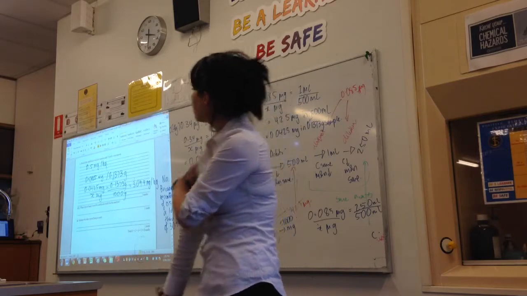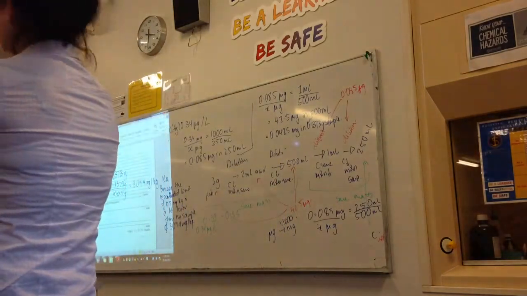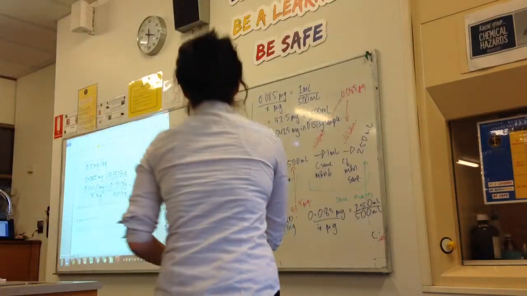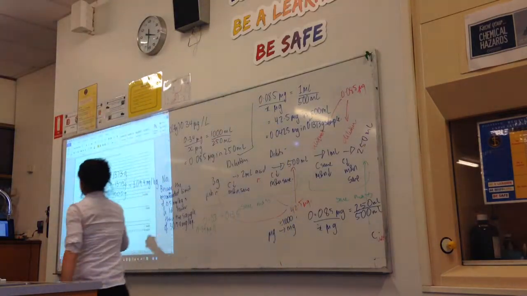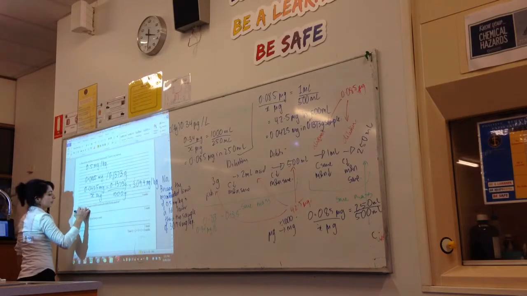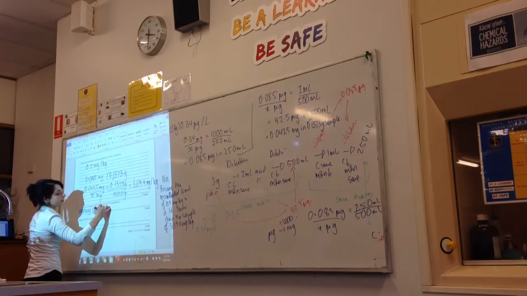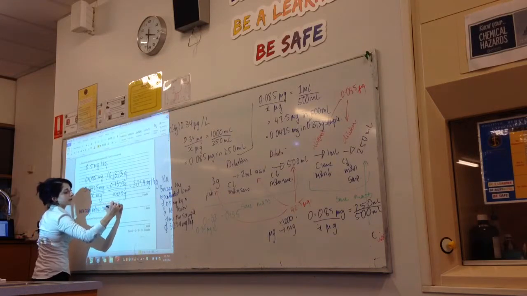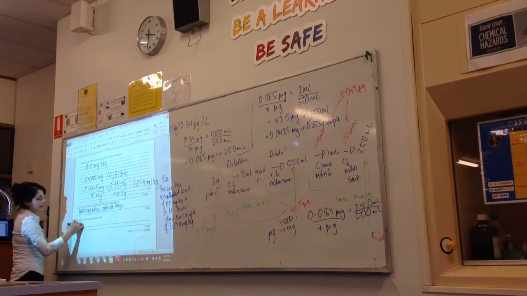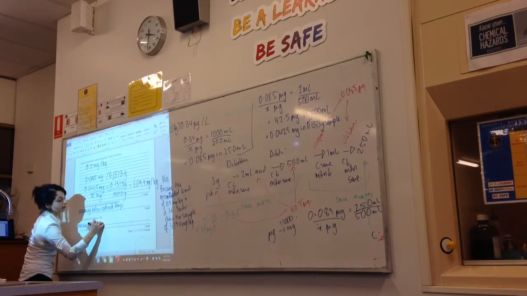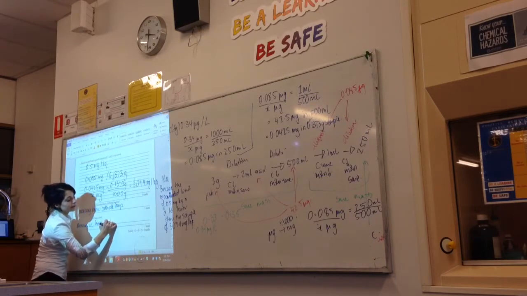Then, what type of lamp would be used? A mercury hollow cathode lamp. Why is a mercury hollow cathode lamp used? One with mercury in it. So, the mercury in the lamp emits light.